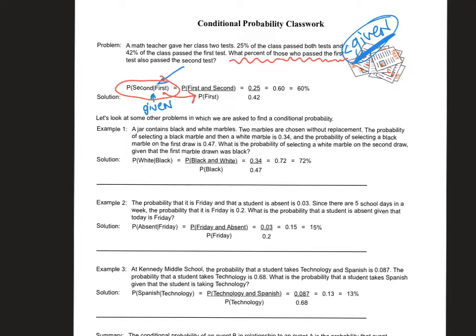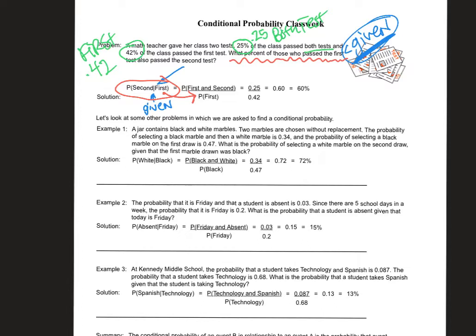Now, I'm given percentages, and I want them in probabilities. So this 25% is really 0.25, and that 0.25 is for both tests. This 42% is really 0.42, and that's how many passed the first.